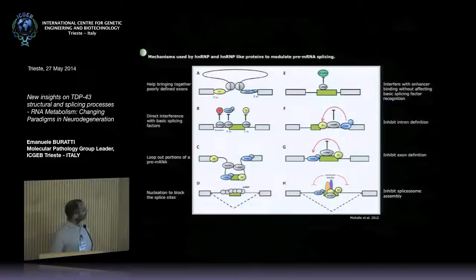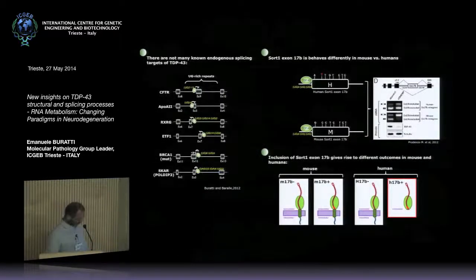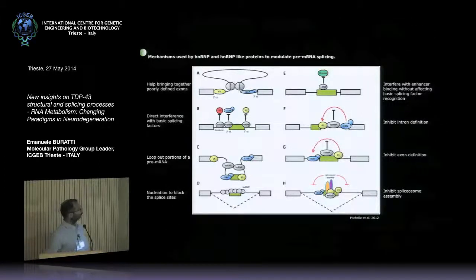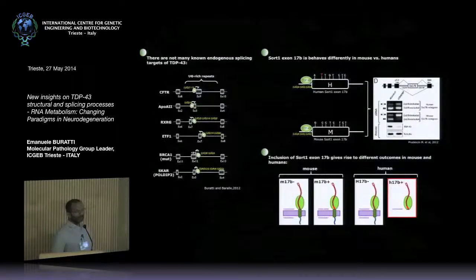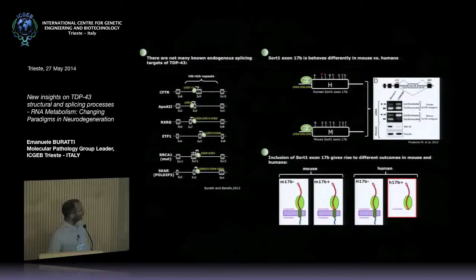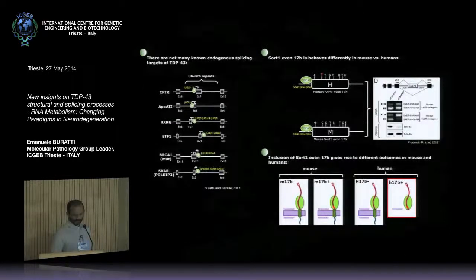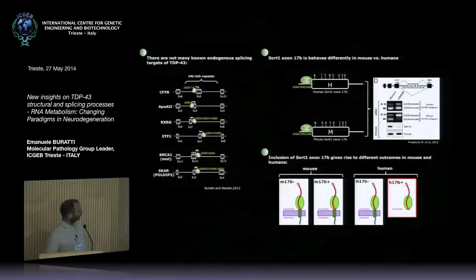And there are several models that have been found and described in the literature. And the problem with trying to understand the connection between TDP-43 and HNRNPs using some of these models is that, although we know many candidate genes whose splicing is affected by TDP-43, we still don't know in very much detail what are the mechanisms through which this occurs.